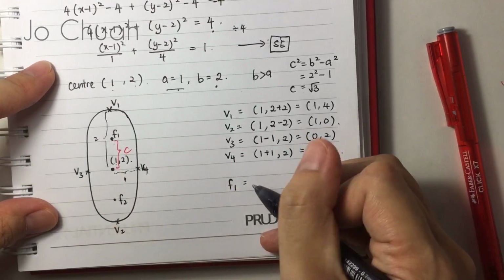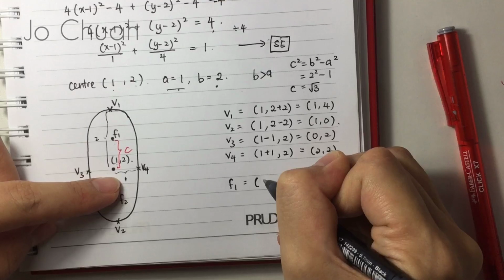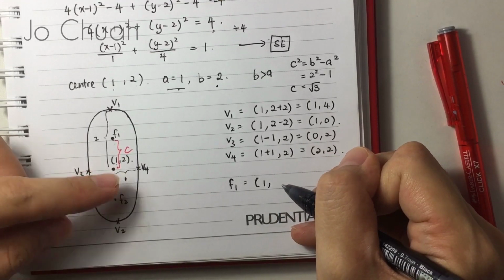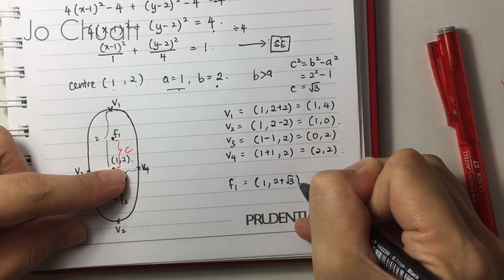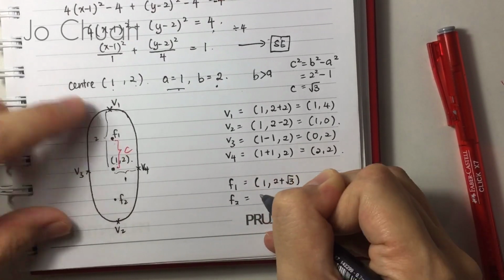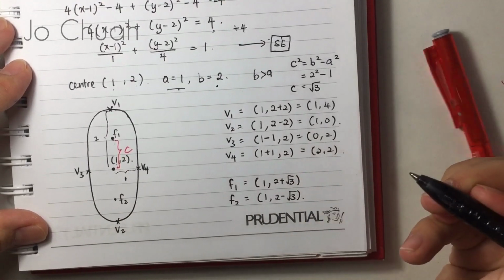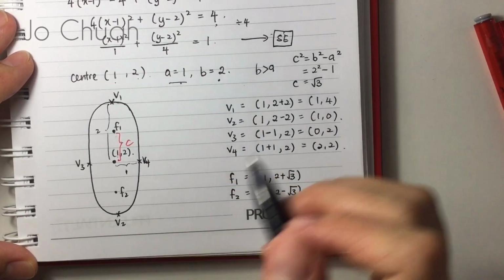So from here you're going to have F1 as 1, 2 plus square root of 3, because it's going upwards so the y coordinate will change. And the F2 will be 1, 2 minus square root of 3 for the y coordinate. Okay, so I'm just going to put in all the coordinates here.